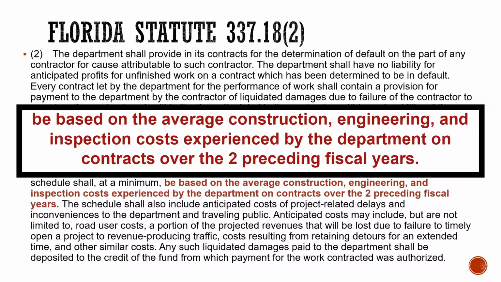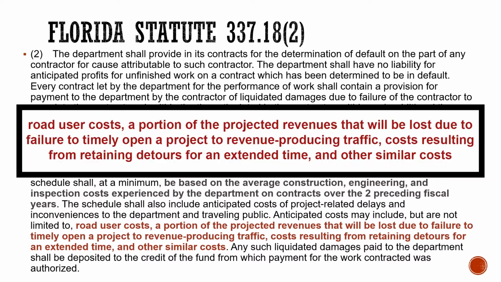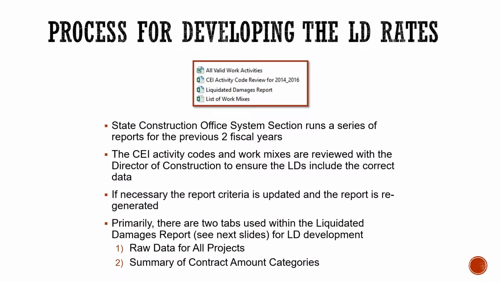That's the very minimum that they should be based on. They can also include road user cost, a portion of the projected revenues that will be lost due to failure to timely open a project to revenue producing traffic, costs resulting from retaining detours for an extended time, or other similar costs.